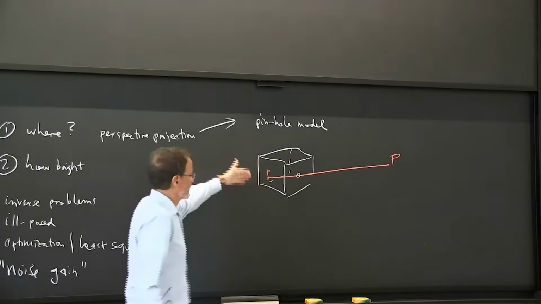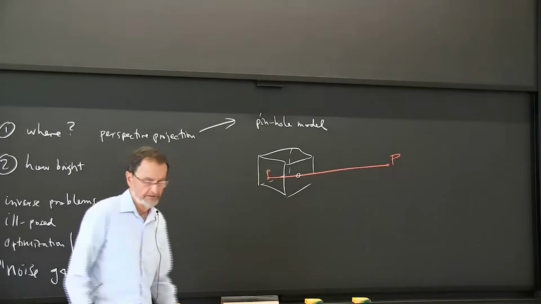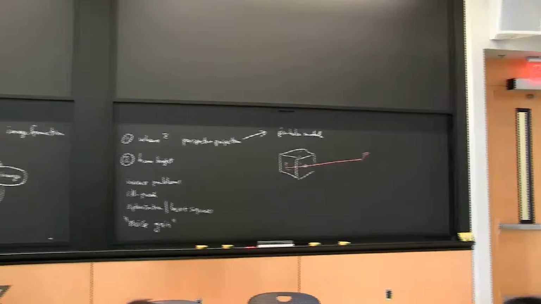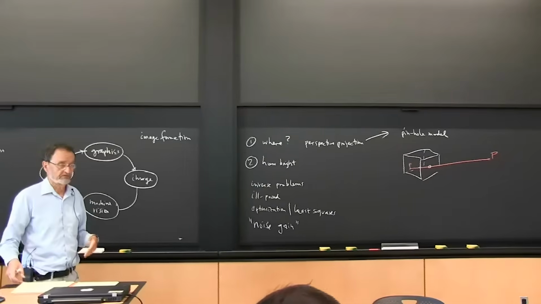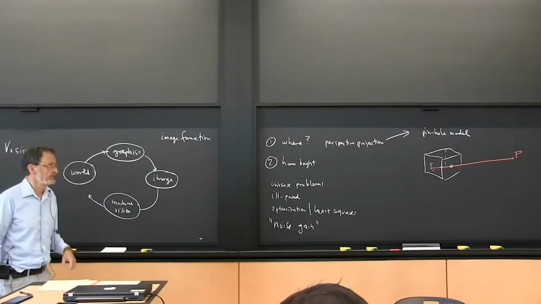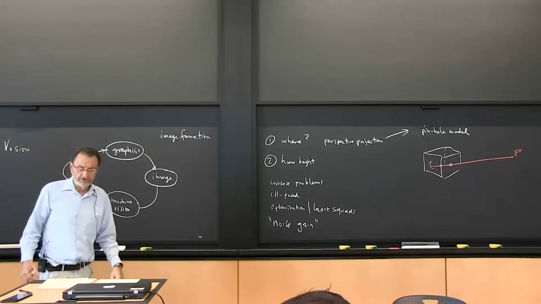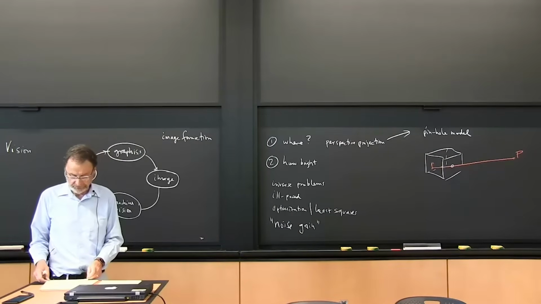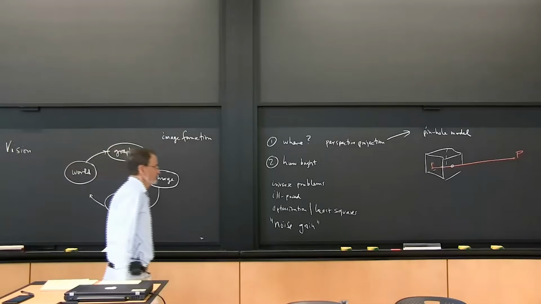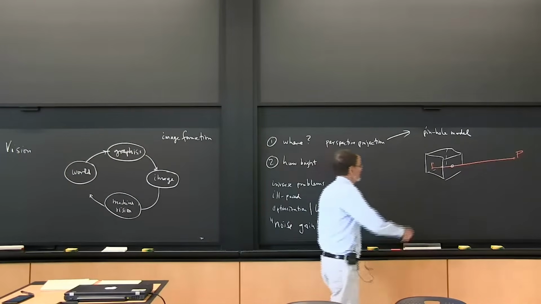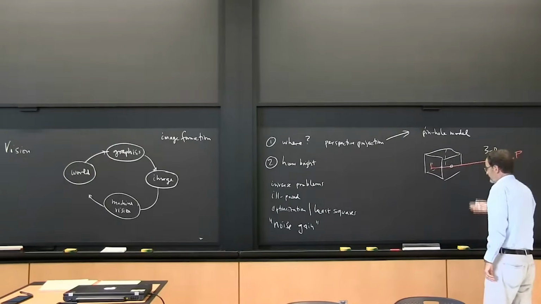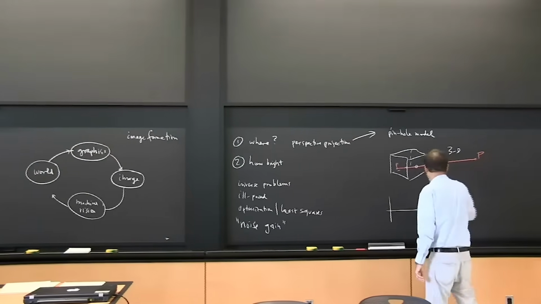So the back of the box is going to be our image plane. Our retina is not flat, but we're just going to deal with flat image sensors because all the semiconductor sensors are flat, and if it's not flat, we can transform. So, what we want to know is what's the relationship between these two. This is a 3D picture. Now let me draw a 2D picture.